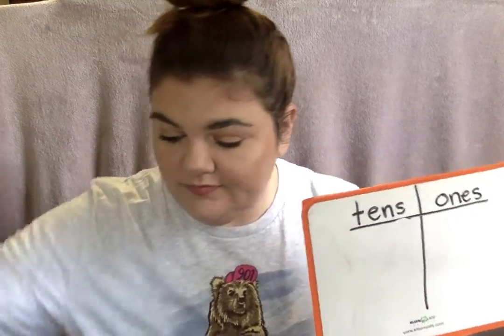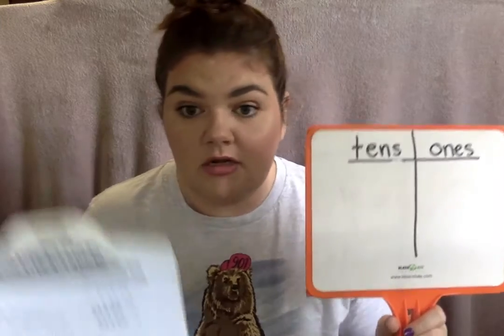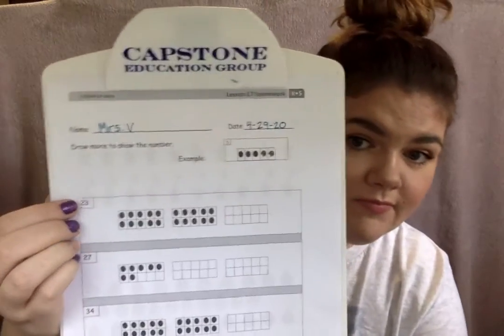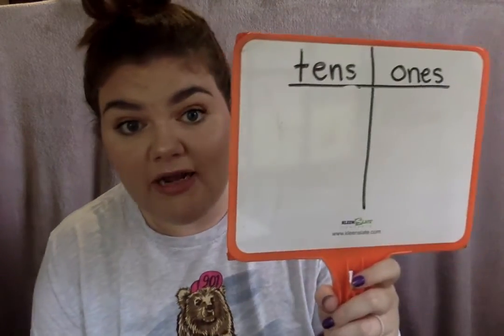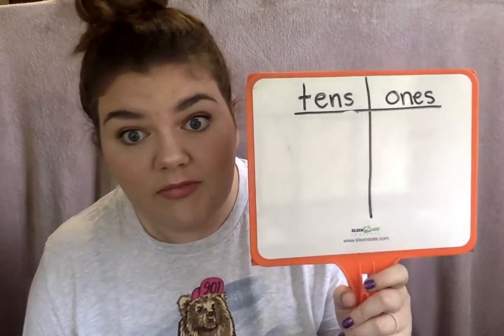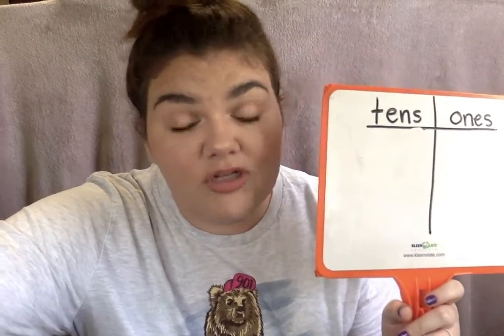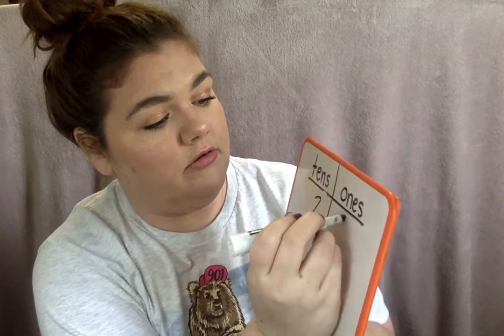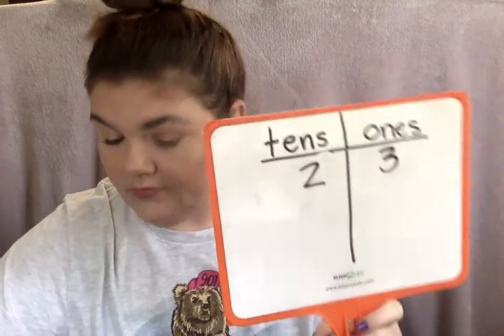So the first one that we see is the number 23. See the 23 right there? Okay, so what you're going to need to do is you need to write on your board what number? Yeah, you need to write the number 23. So let's do it. 2, 3.